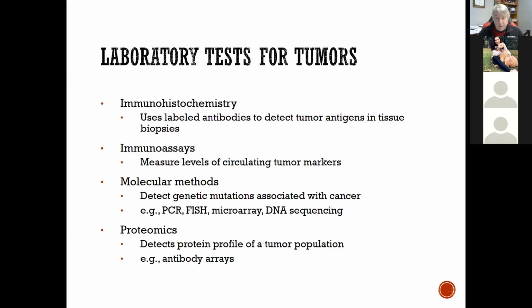A good point here, and this is very good if you're going to be a lab manager one day, concerns the manufacturing of the test. Say you have one kit that you're using for immunoassays, and then that patient ends up going to a different clinic and gets the same immunoassay done.